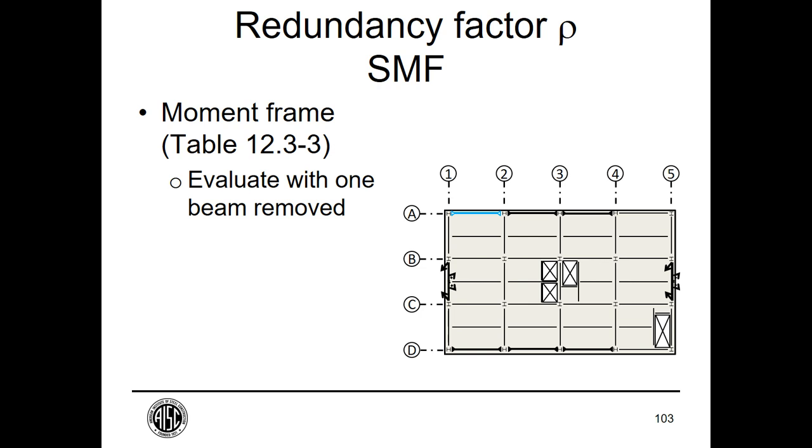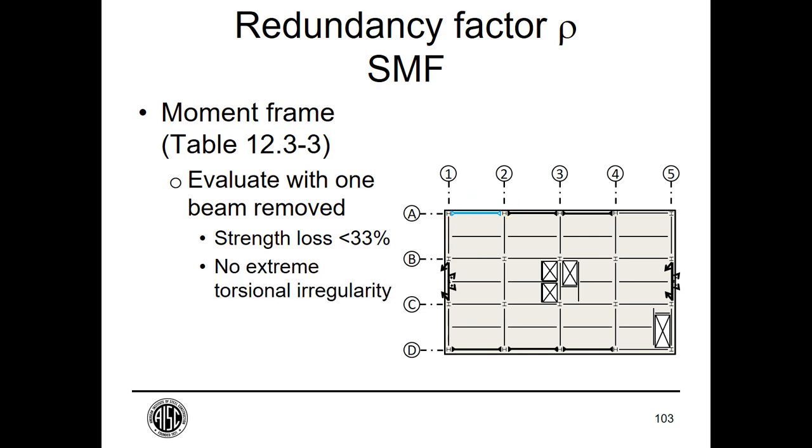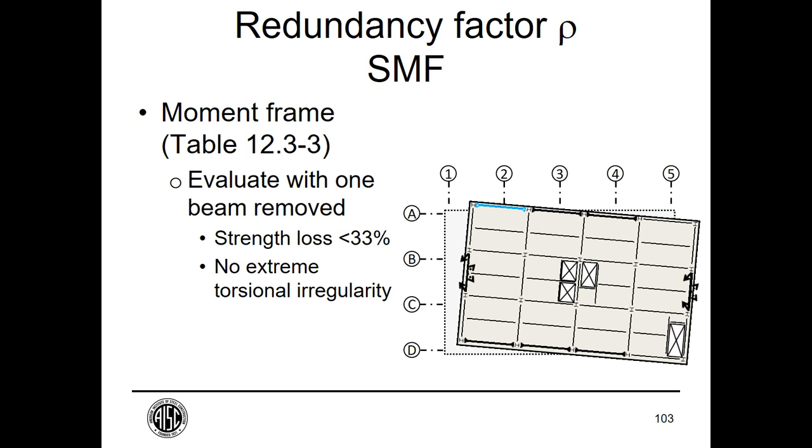So we're going to 5 beams instead of 6, and it tells us if we meet the two requirements, not reducing our base shear strength by more than 33% and not triggering an extreme torsional irregularity, then we have a redundant system. There are 2 different ways that we can do this. One is doing an elastic analysis, which is pretty easy. You just take the element out of the beam and rerun the analysis that you're probably already doing for the design of these frames.